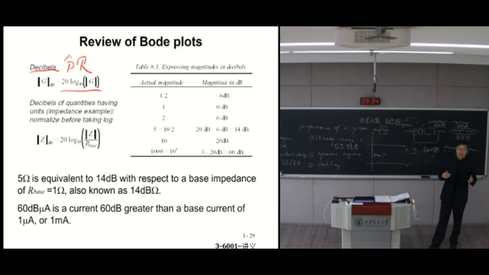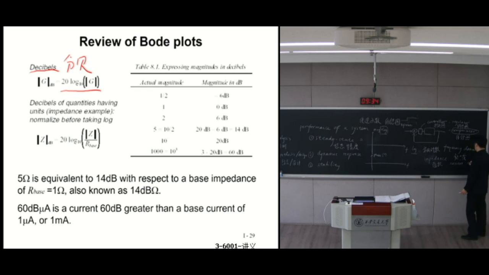For example, a transfer function could be used to represent impedance, which we use very often. Sometimes it could represent current or voltage.